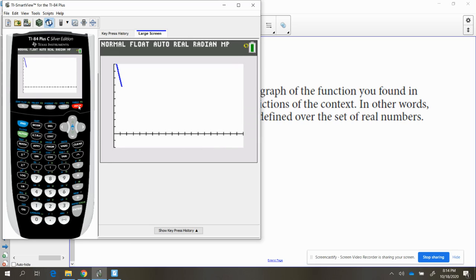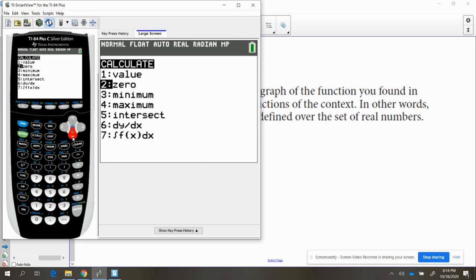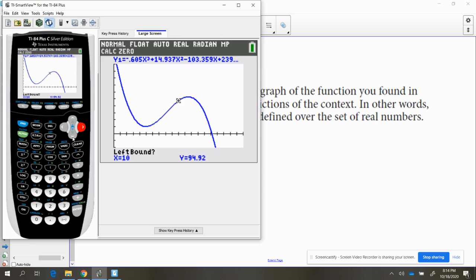But there is a 0, and you're going to calculate that very similar to how you calculate your maxes and your mins by using the calculate menu here and by hitting second trace. And you'll see 0 is an option. And again, you can type these in to be able to see where exactly does my 0 or my x-intercept occur.